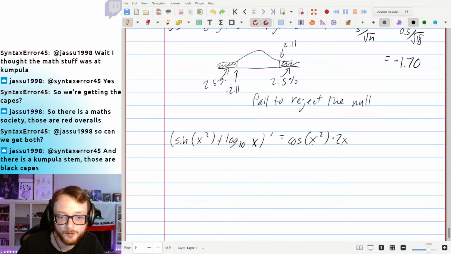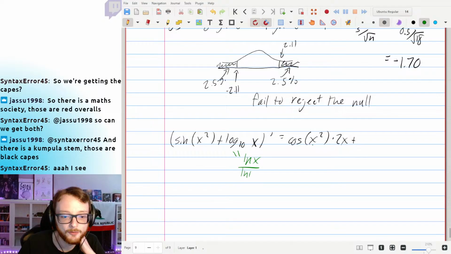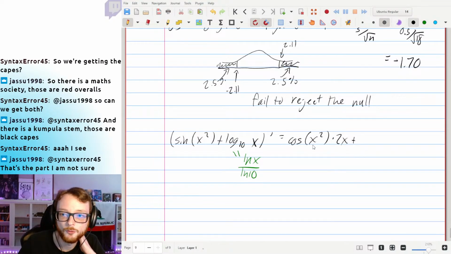Then you need the derivative of log base 10, which I don't remember the formula for offhand. But I do know that with the change of base formula, log base 10 is the same thing as ln x over ln 10. And ln x I do know the derivative of.